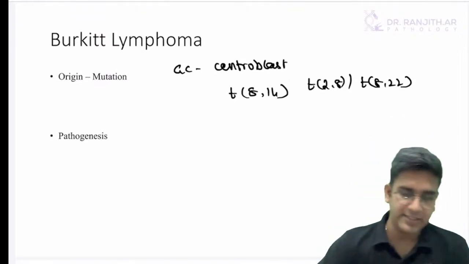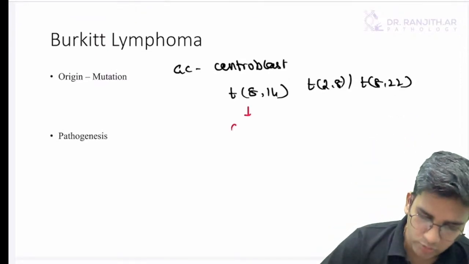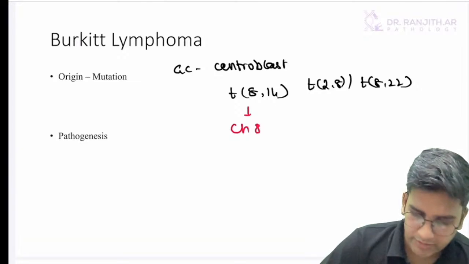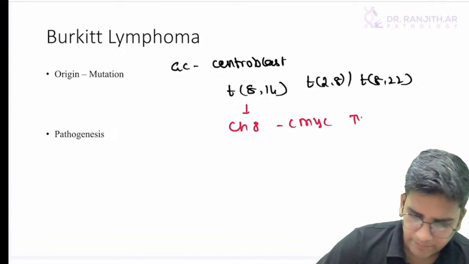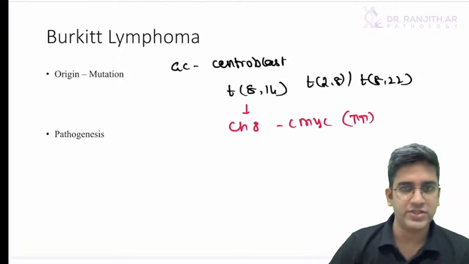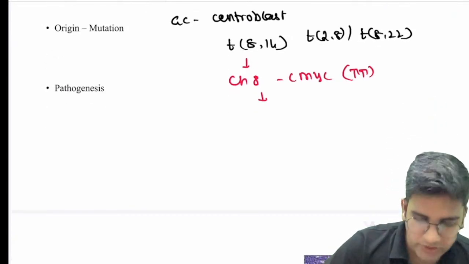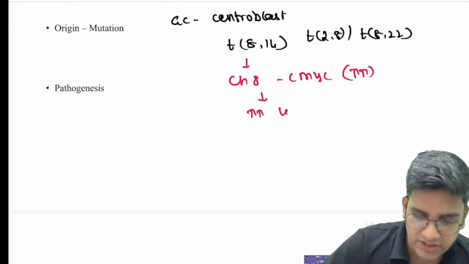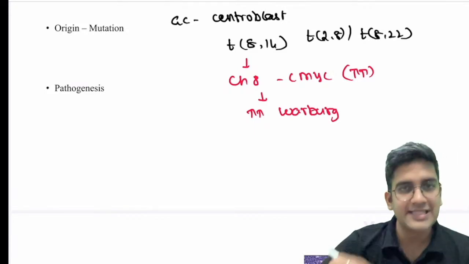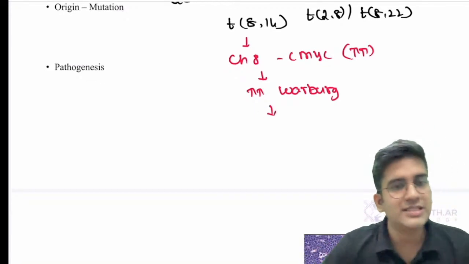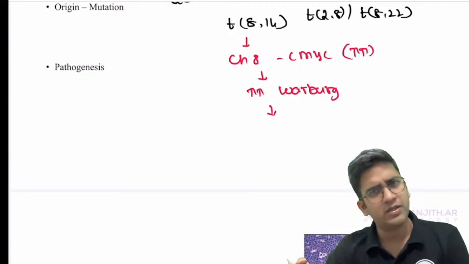Because of the chromosome 8, there will be overexpression of chromosome 8. So we have CMYC here. There will be increased CMYC. CMYC is the one which is going to increase the Warburg effect because it controls the Warburg effect. Warburg effect is seen in stem cells.